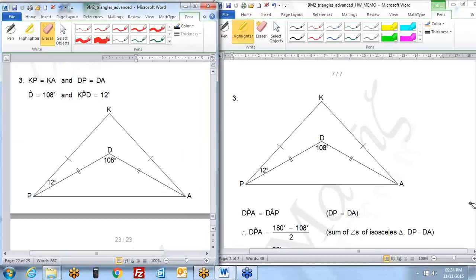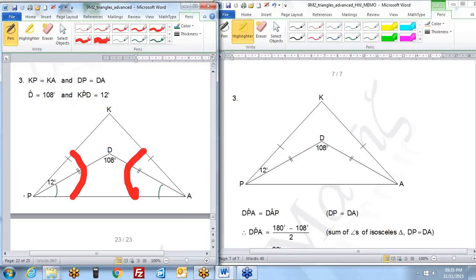challenging. So question 3, KP is equal to KA, right? Therefore, these two angles will be the same in size, and DP equals DA, so these two will be the same.